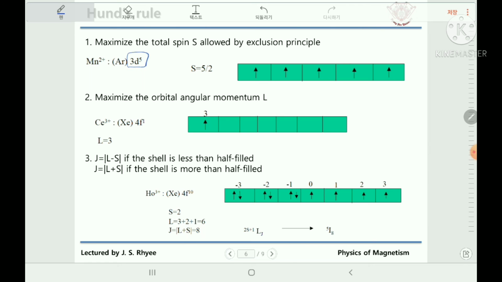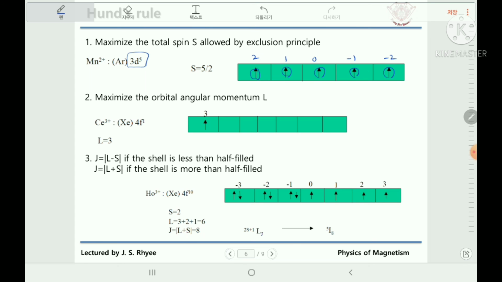D electron means L equals 2, 1, 0, minus 1, and minus 2. Because there are 5 electrons, from the Hund rule the electrons occupy different orbitals. Therefore, the electrons occupy first, second, third, like this.